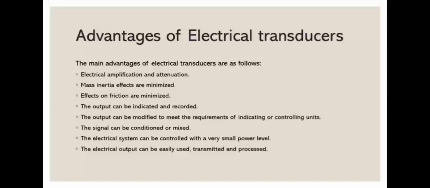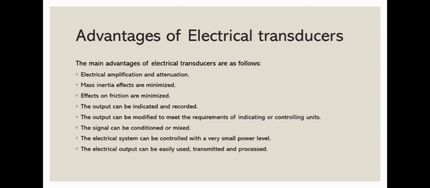The signal can be conditioned or mixed to obtain any combination with outputs of similar transducers or control signals. The electrical or electronic system can be controlled with a very small power level. The electrical output can be easily used, transmitted, and processed for the purpose of measurement.